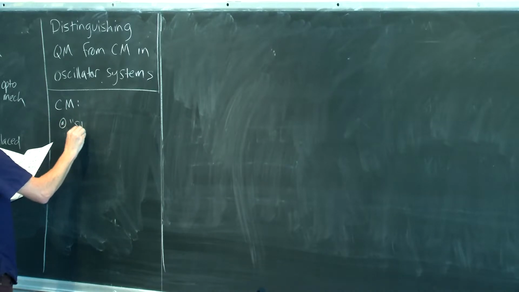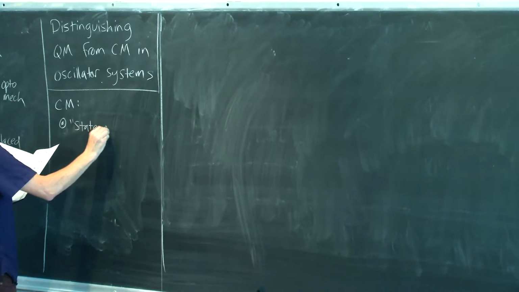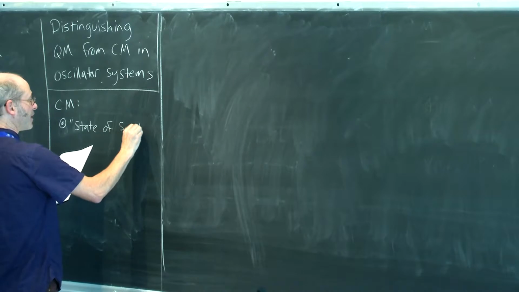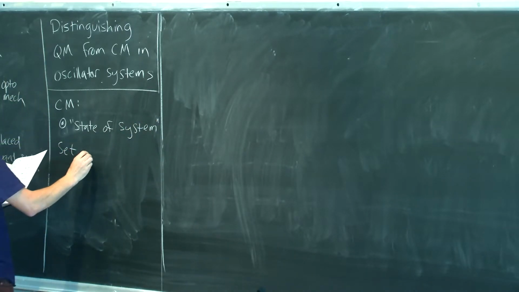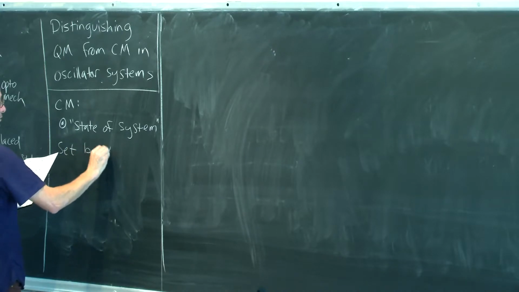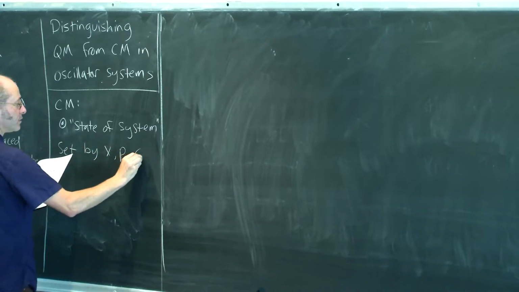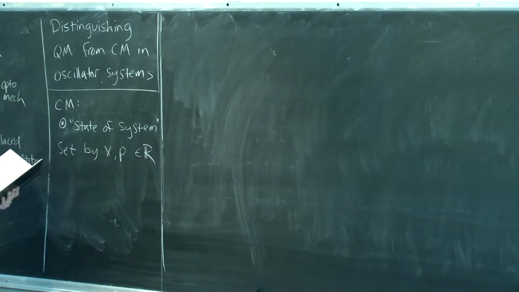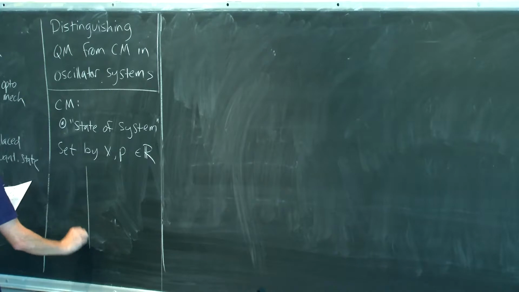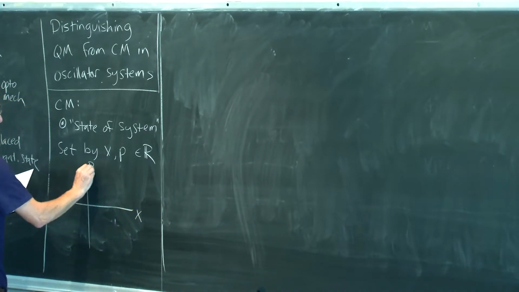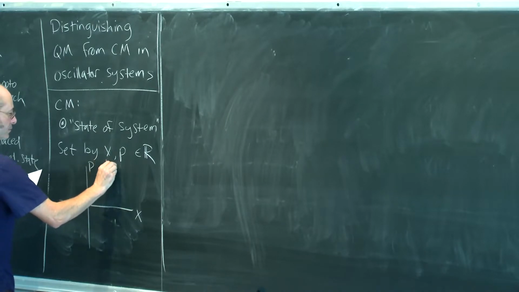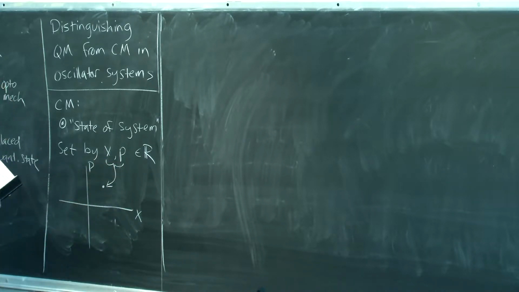The first point is that a state of the system is specified by two real numbers, which are the oscillator's position and momentum. So if you like, the state of the system can be drawn in the phase space of the oscillator as a point. So there's a state of a classical harmonic oscillator.